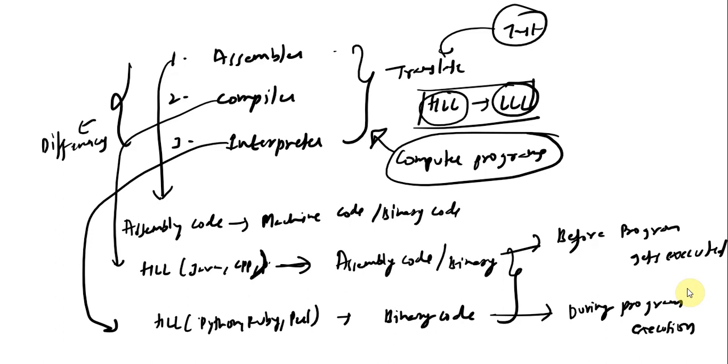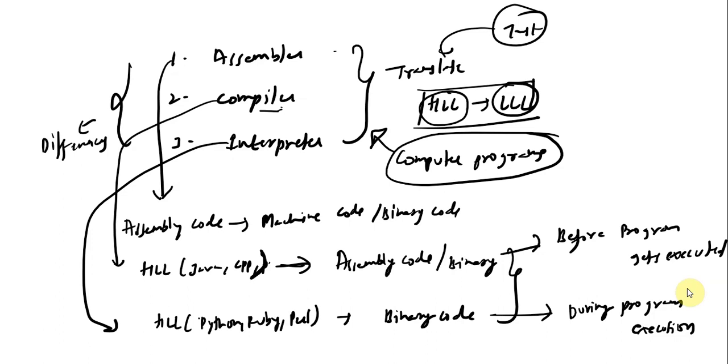The compiler has to store the machine code in an executable format because it does not get executed immediately after the compilation process. It has to wait till the actual program gets executed, so it has to store it in between. The interpreter need not store any executable; it will directly execute from the source code to the machine code.